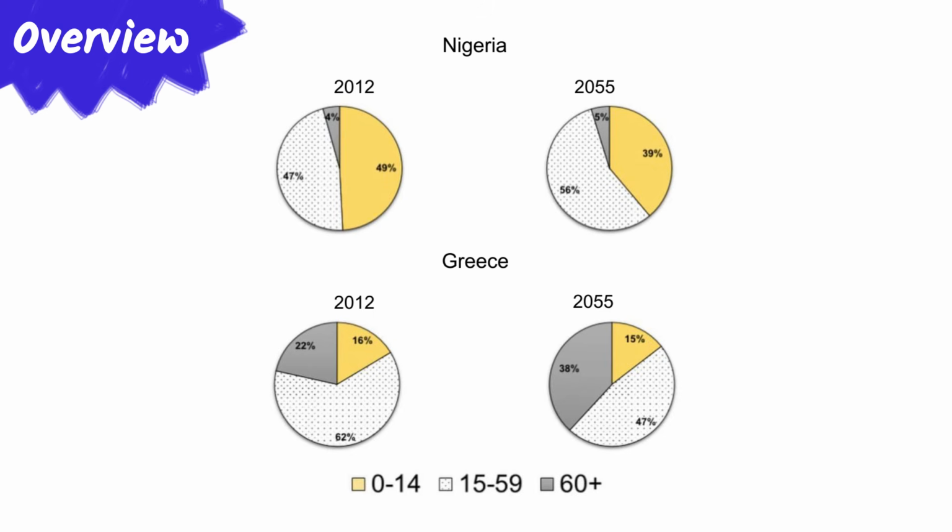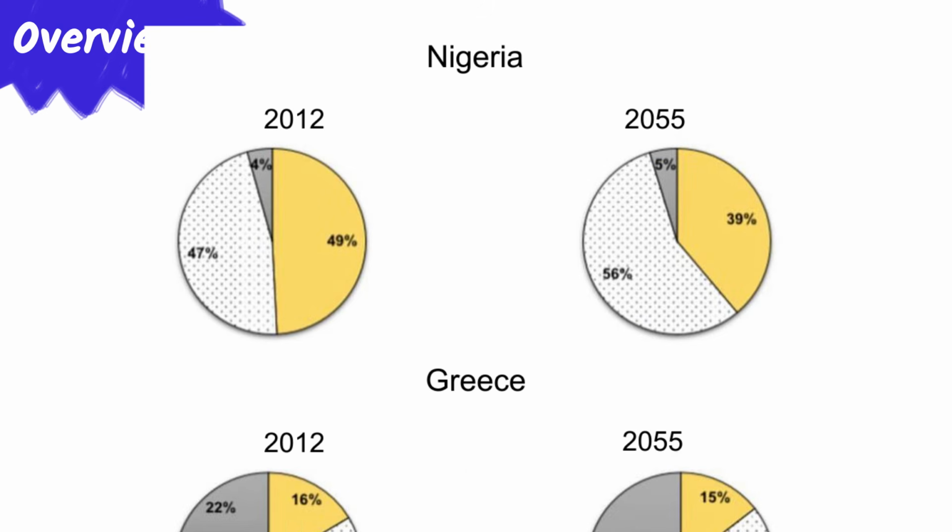So, take a look at a young generation here in Nigeria in 2012. As you can see, young generation is projected to be 39% by 2055.